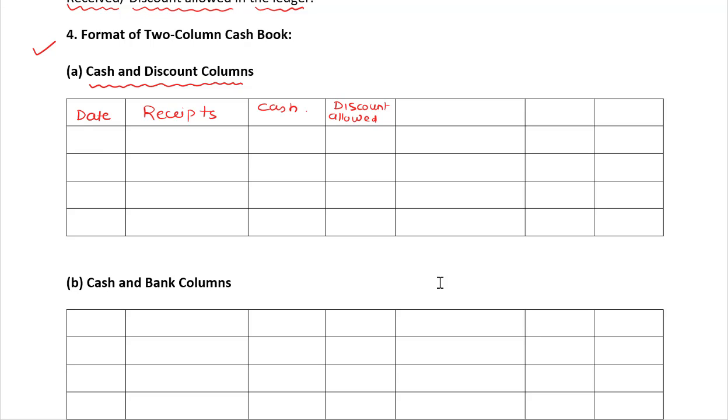Then we have payments, cash and discount received. Over here we could add one more column, date.